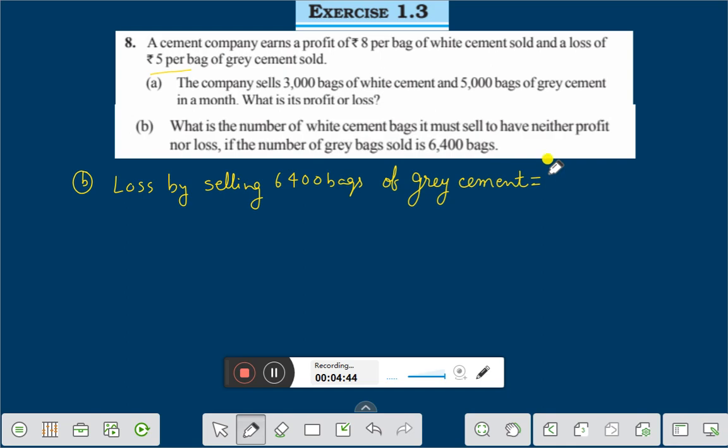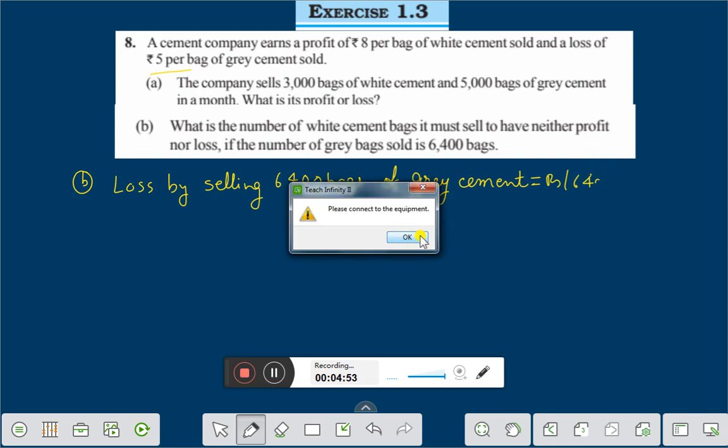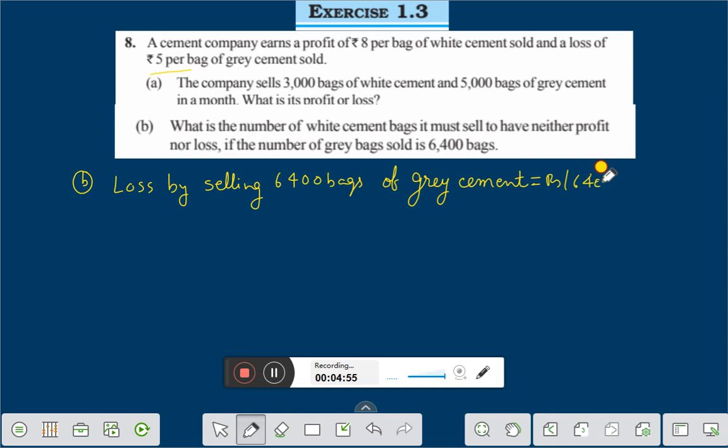Therefore the loss will be rupees 6400 into 5, because in one bag there is a loss of 5 rupees. Therefore, in 6,400 bags there is a loss of 6,400 into 5.